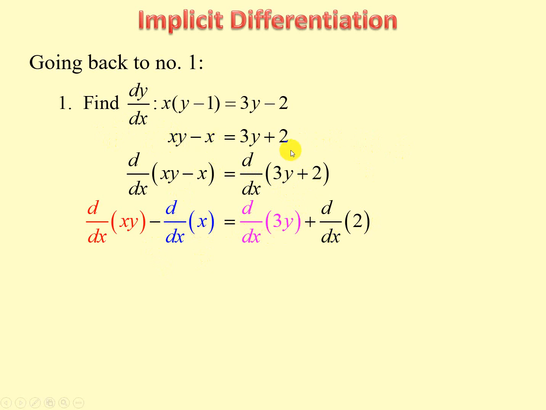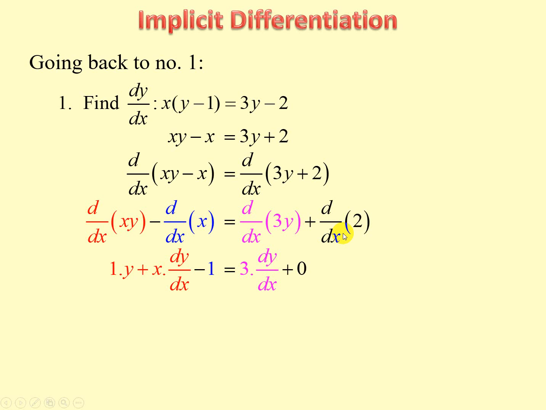1, 2, 3, 4 terms, so we're going to differentiate, differentiate, differentiate, differentiate. Now the derivative of xy, that's a product, same as we had in the previous question. Derivative of x is 1 and leave y, plus x times derivative of y, which is dy by dx. Derivative of x with respect to x, 1. Derivative of 3y with respect to x, 3 times dy by dx.